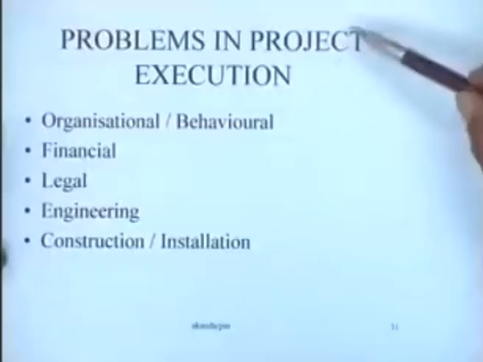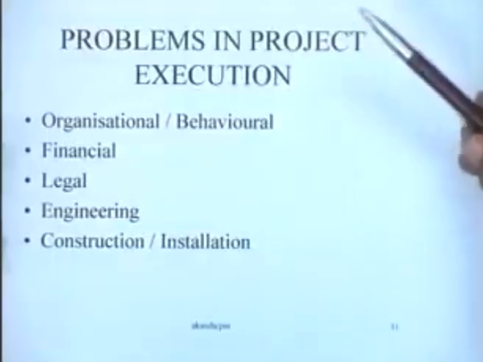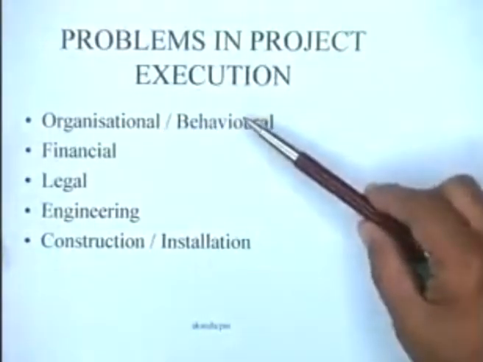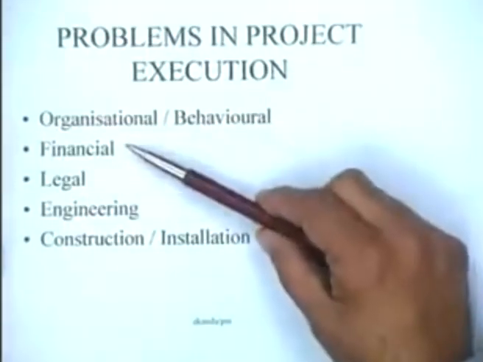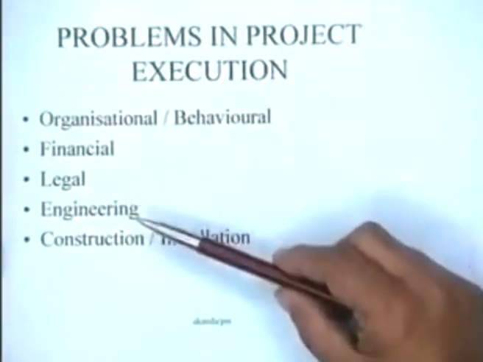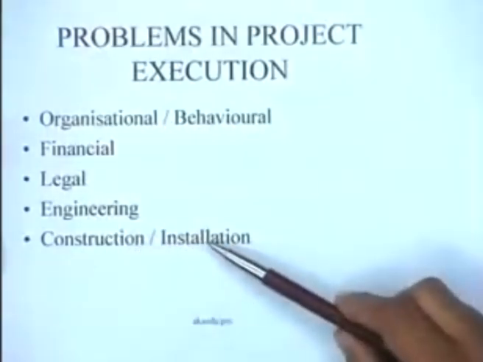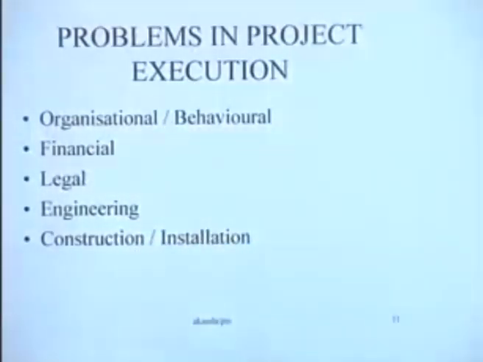Now, the important thing to bear in mind here is that in any project which is done, there can be a number of problems. Typically, these problems can be at the organizational level or the behavioral level, financial problems, legal problems, engineering problems, problems at the site of construction or installation of a particular machine. That could be a problem.